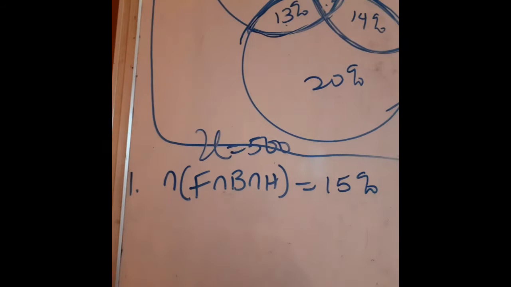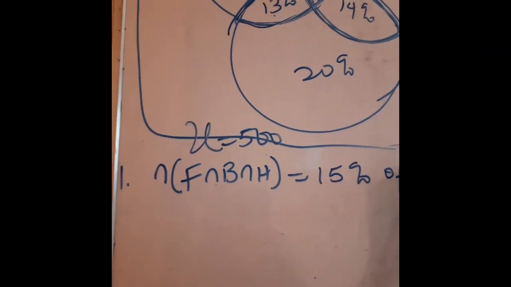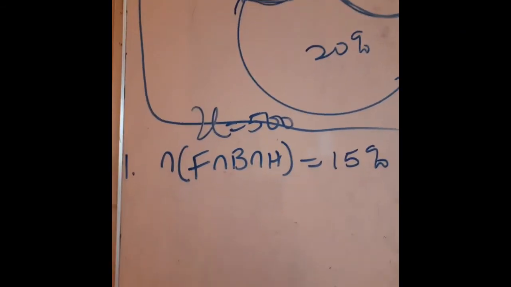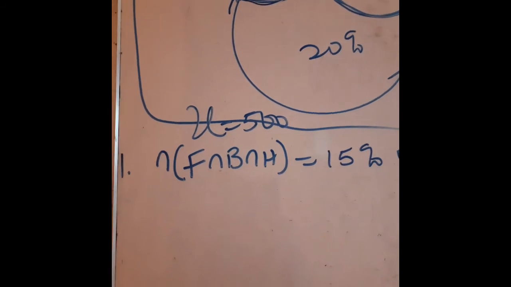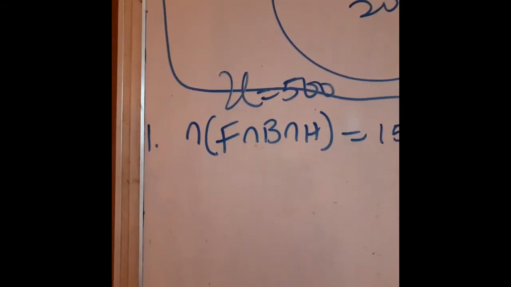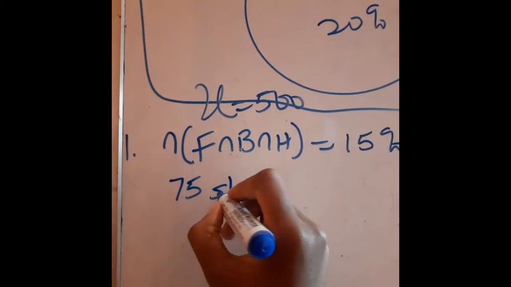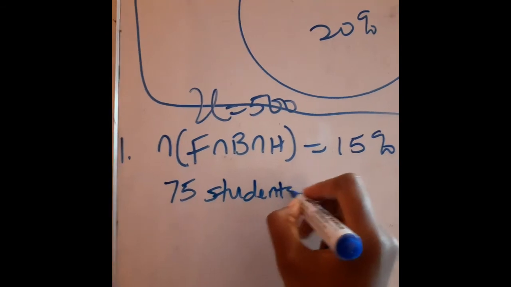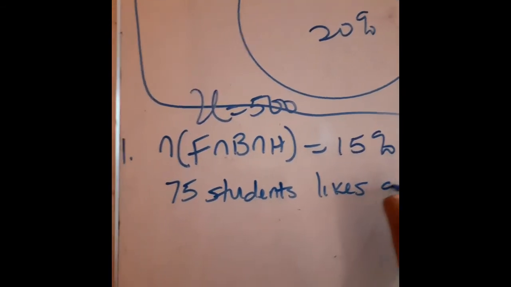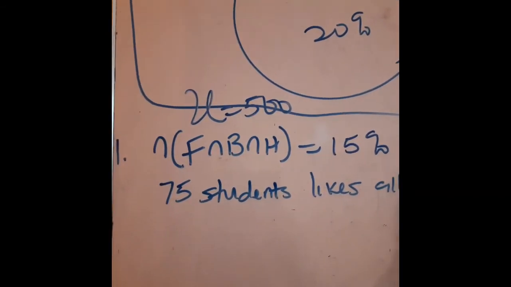So 15% of our universal set, which is 500, equals the total number of students who like all 3, which is 75. So 75 students like all 3 games.